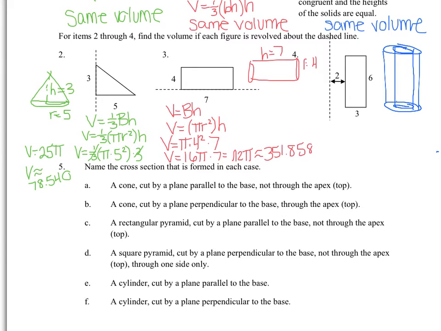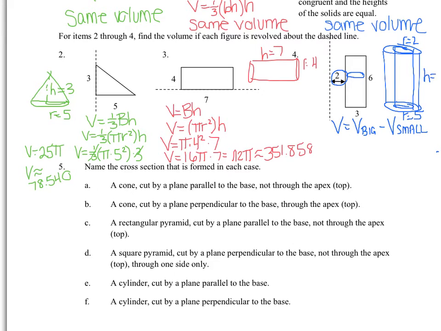So basically, the best way to find the volume is to take the volume of the big cylinder and subtract the volume of the small cylinder. Well, the radius of the small cylinder is going to be this 2 right here. So my radius is going to be 2, and the radius of my big cylinder is going to be this 2 plus this 3 to give me a radius of 5.